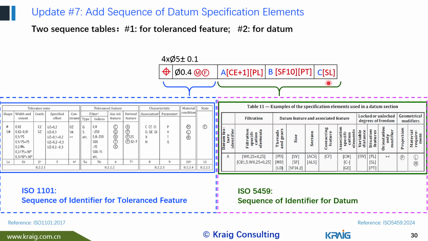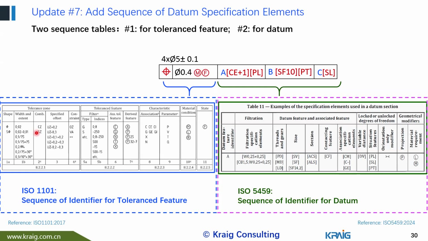So we need a table to tell the designer, if you want to use all of them, which one should be first and which one should be second. We call this sequence. And before, for this portion, we call this tolerance feature. We already have a table here. For example, you should use the MMC modifier first, before this modifier F, which means free state.